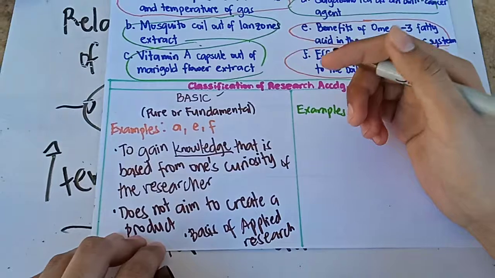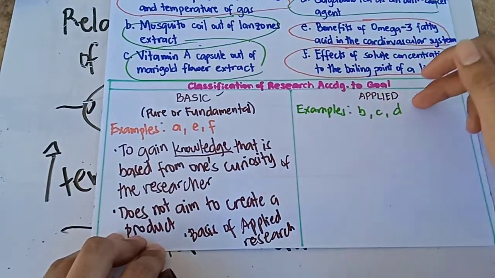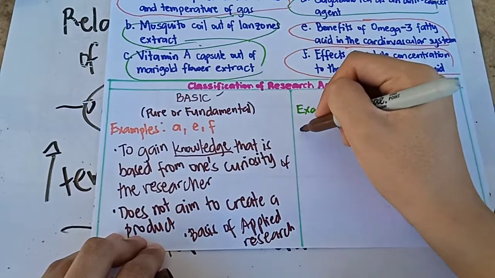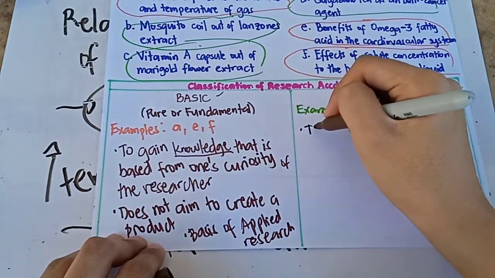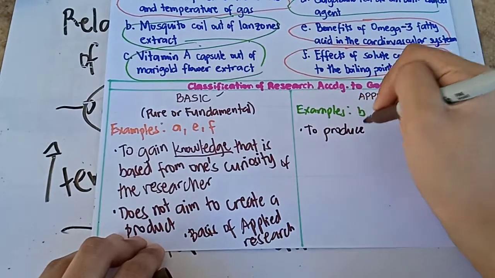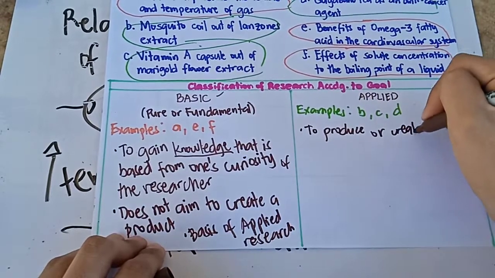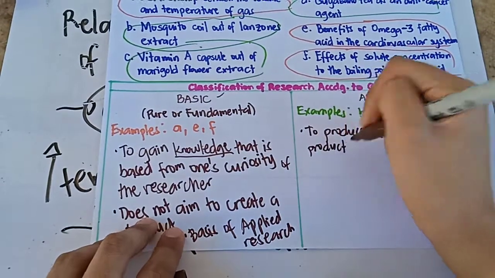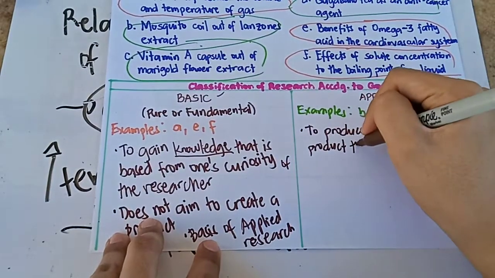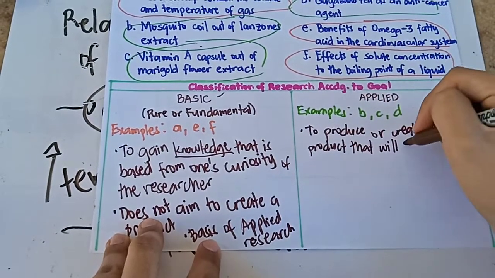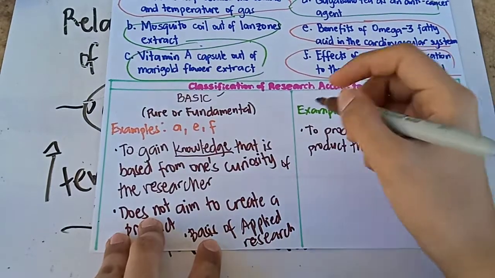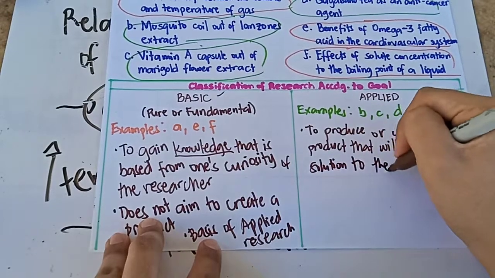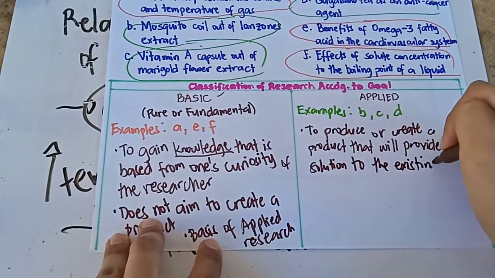So, what is the objective of applied research? How do we define applied research? The basic objective of applied research is to produce or create a product, and this product will provide a solution to an existing problem.